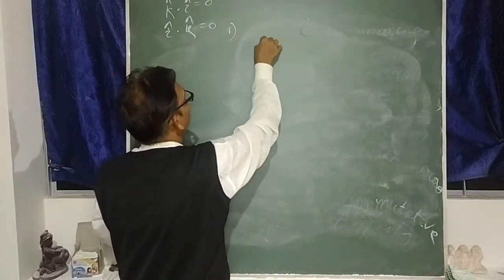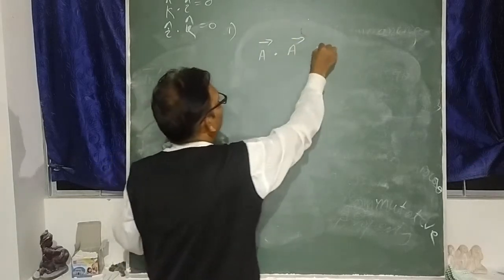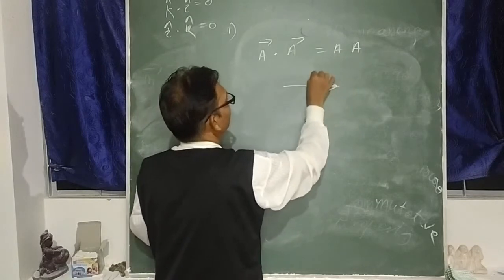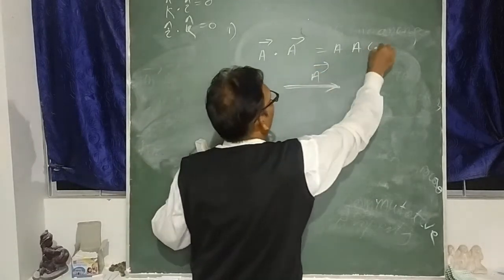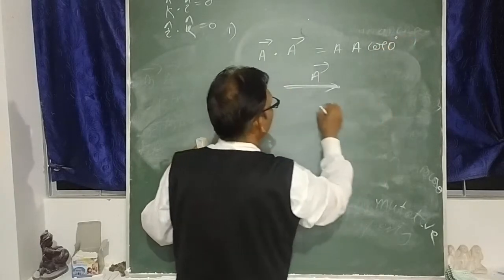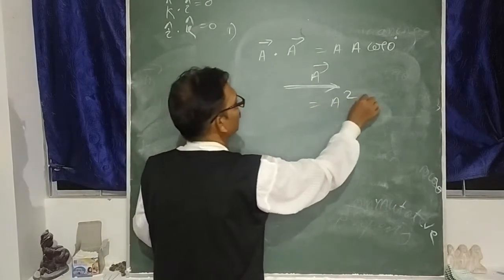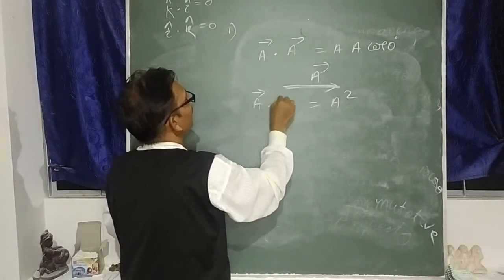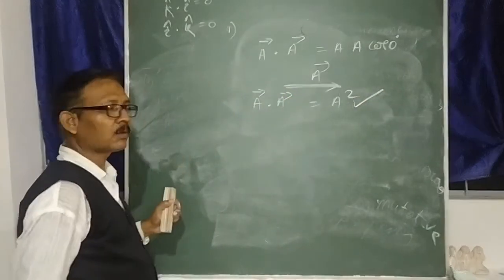A vector dot A vector: this angle is 0, so cos 0 is equal to 1. So A dot A is equal to A square. A vector dot A vector is equal to A square in scalar form.